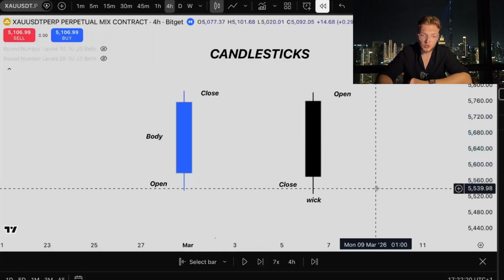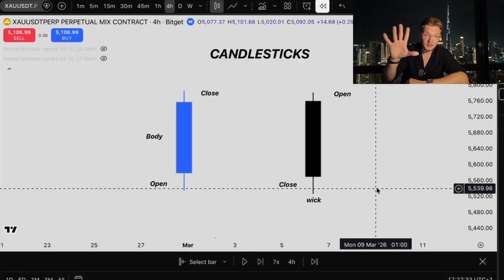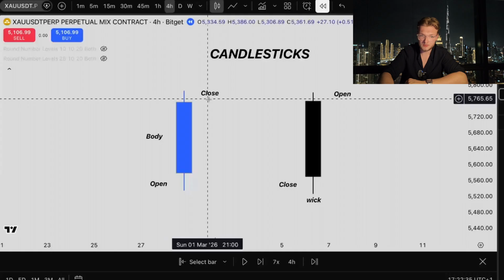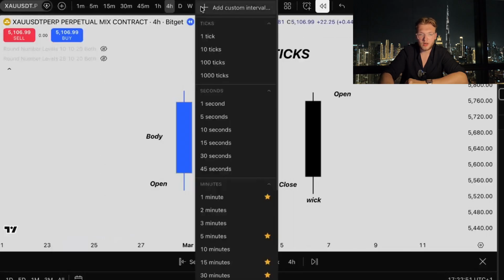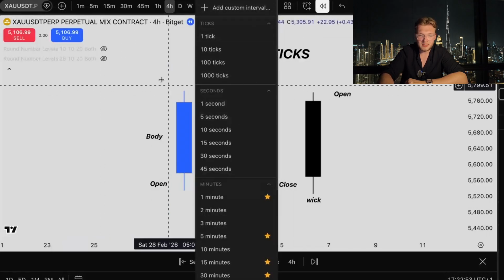So first of all, what you also need to understand is that we have different time frames. One time frame is how long a candle is open till a candle closes. For example, the time frames you can see right here at the top: we have the 4 hour, the daily, the 1 hour, 45 minute, the 30 minute, the 15 minute, the 5 minute, the 1 minute. You also have 1 second, 5 second candles.